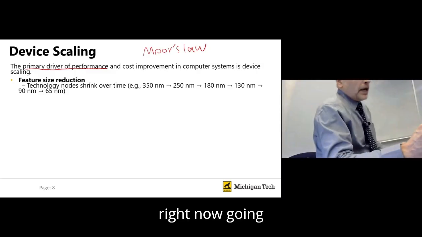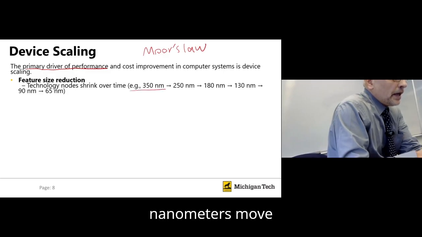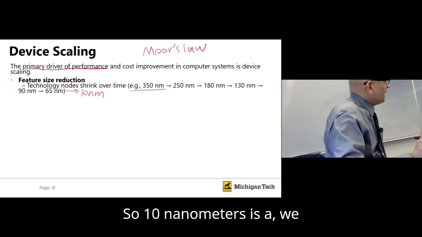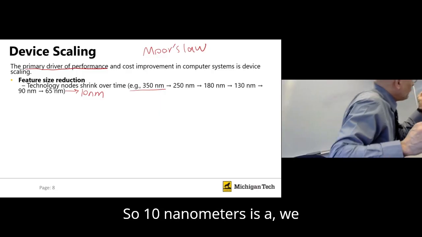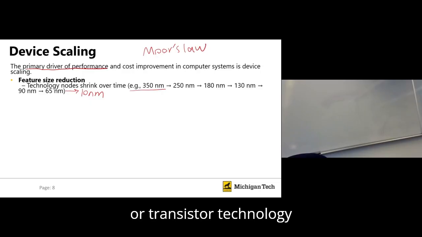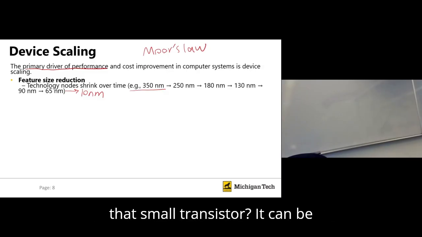is going from, for example, 350 nanometers to, right now, 10 nanometers. 10 nanometers is what we call the technology node, or transistor technology node, showing the smallest transistor. What is the size of that small transistor?